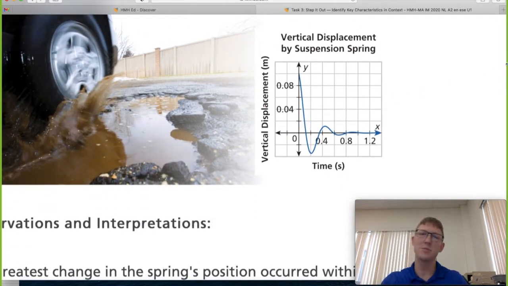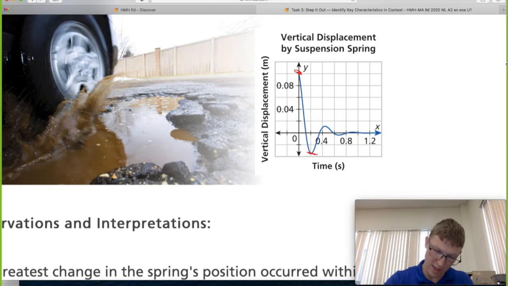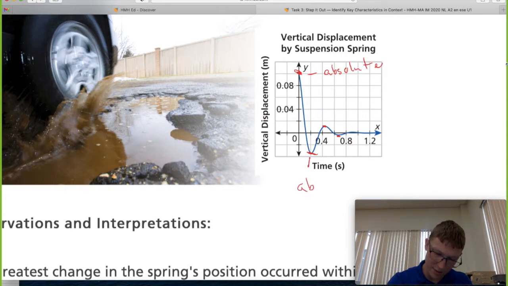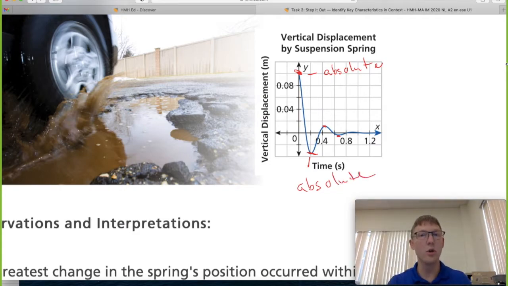So one thing I forgot to mention earlier is, we have a maximum and a minimum, but we also have another maximum and another minimum. So we have another maximum right here and another minimum right here. So the difference here is this is an absolute maximum, and this one is going to be an absolute minimum, or a global maximum or global minimum.